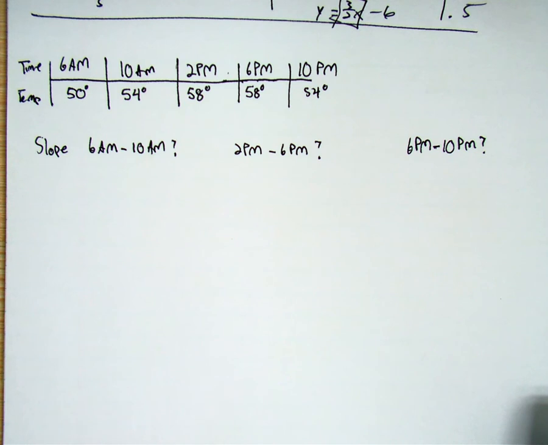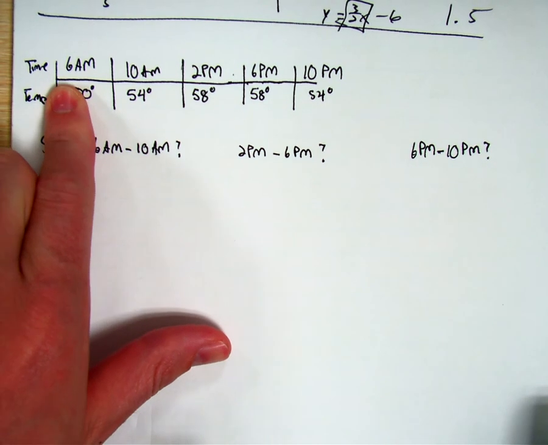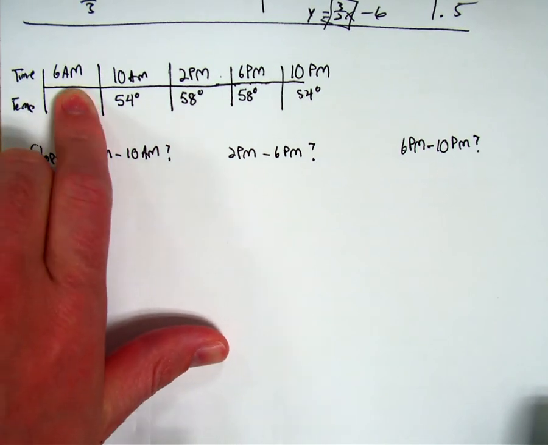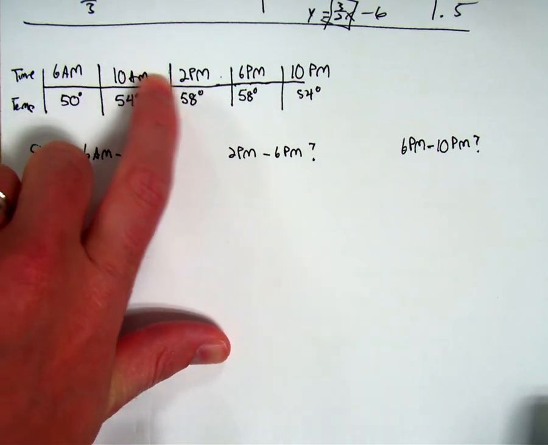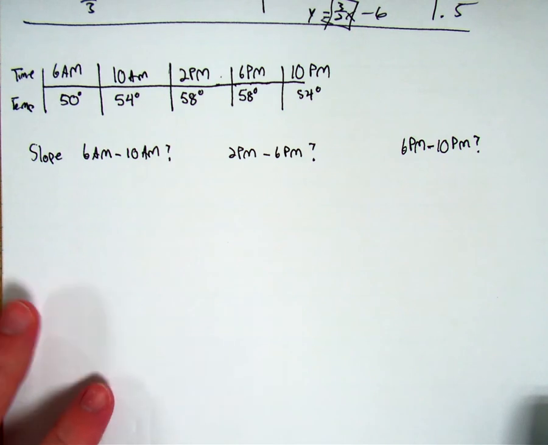So what would be the slope? And if you see a table like this, guys, the top is usually x, bottom is usually y. Or if you're dealing with a situation where it involves time of day, 99.99% time is going to be the x. Okay?